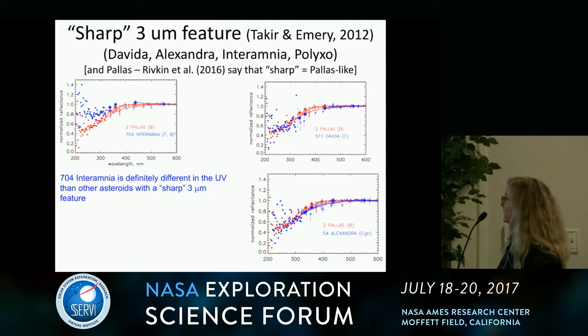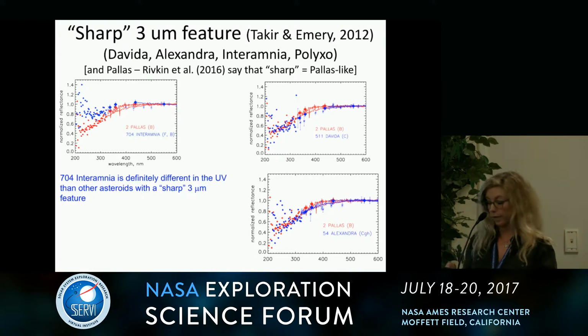Pallas is in red in these 3 plots compared with Alexandra, Davida, and Interamnia. And we can see that Davida and Alexandra look pretty similar to Pallas in this region here, but Interamnia is definitely different. Something different is going on with Interamnia. So again, within this group, characterized by the shape of their 3-micron feature, we see differences in the UV.